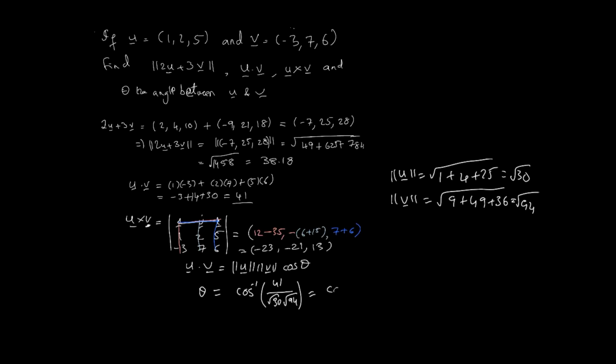Okay, so that's equal to cosine inverse of 41 over 53.1, and it turns out to be equal to 0.689 radians. Okay, and that's basically the angle that we're looking for. And that covers all the examples.